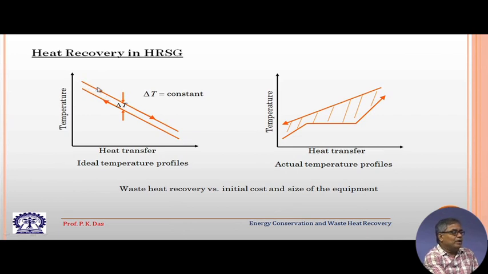So, for the gas stream, its temperature will decrease like this, and for the liquid and vapor stream, the temperature will increase like this. For a counter current heat exchanger, if we can make them flow in such a manner that the delta T between these two streams is small enough, practically 0, then we get very high efficiency of energy exchange between these two streams.